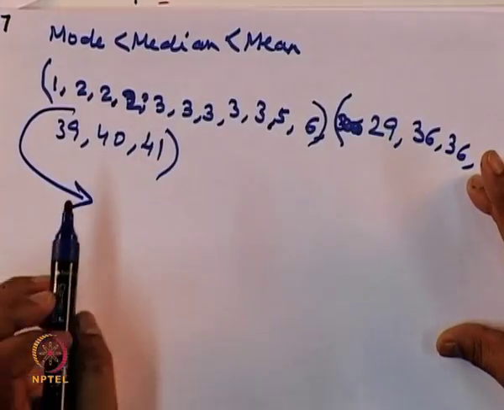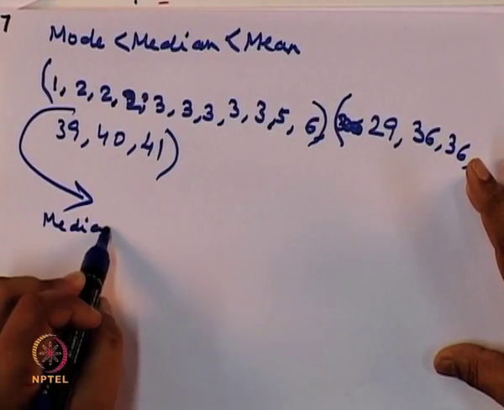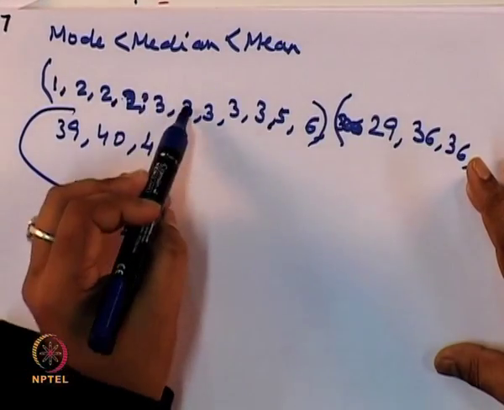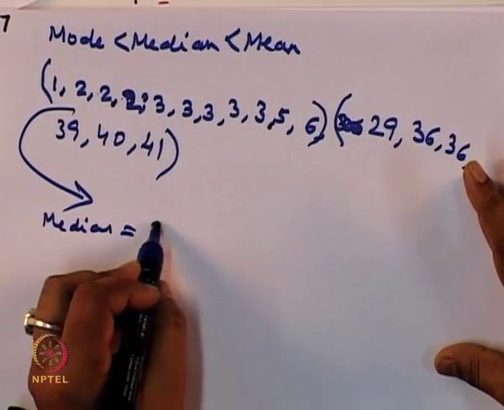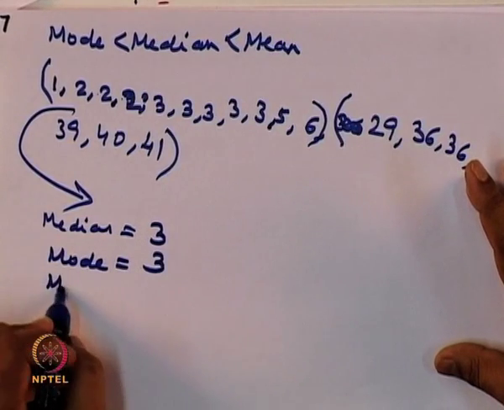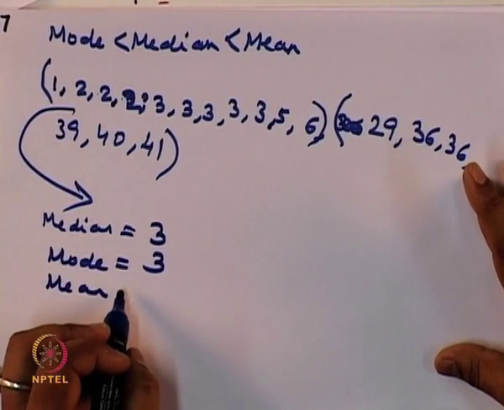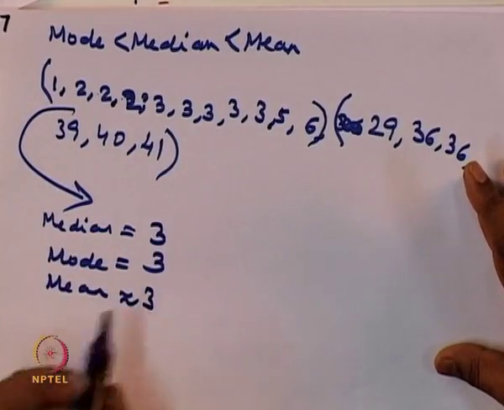In fact, if I were to group them separately, for this group I can work out my median. The median is 3, mode is 3, and mean will of course be slightly greater than 3, approximately 3 only.